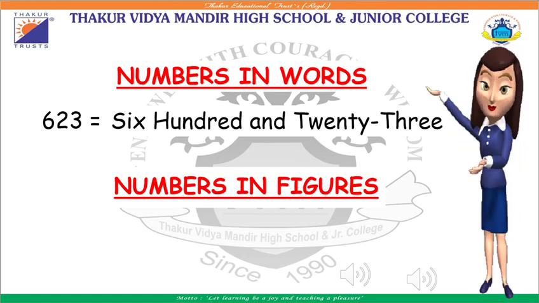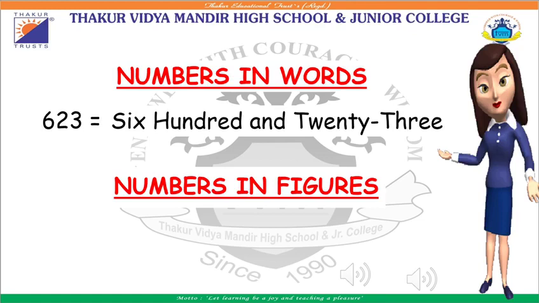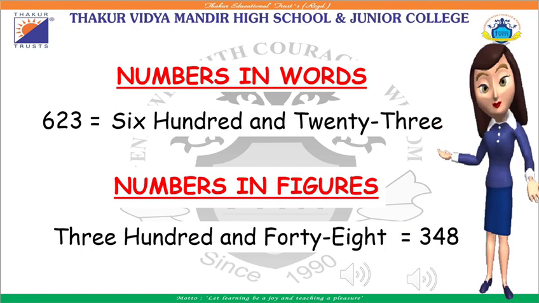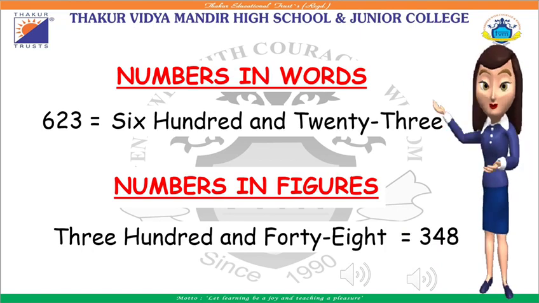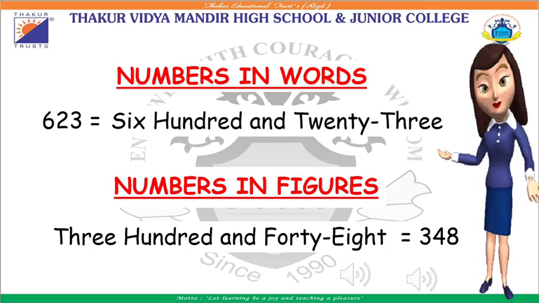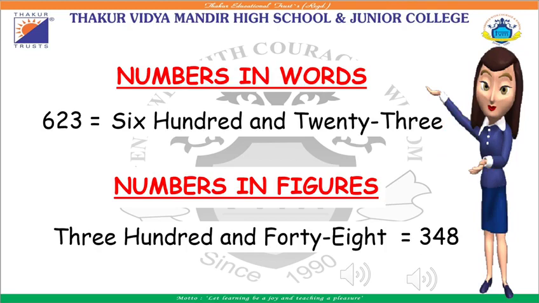You can see here I have written 348. So in the leftmost position we are taking it first. So first it will be 3 and then 2 digits are together. So it is 348.